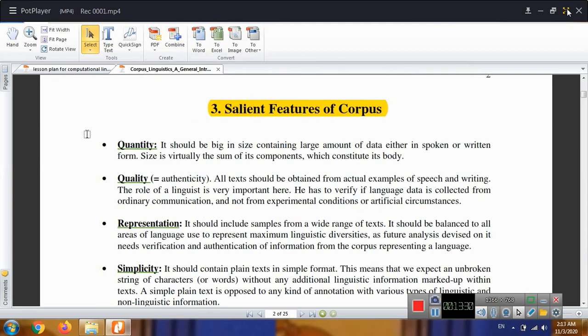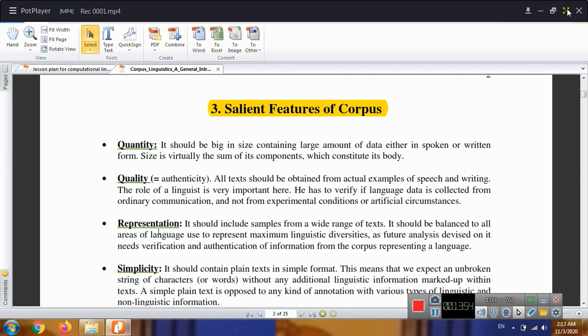Here, if I want you for the final exam to write the salient features of corpus, and I want you to just name them, you should just name quantity, quality, representation, simplicity, and other features, and even the content of their article is very important.